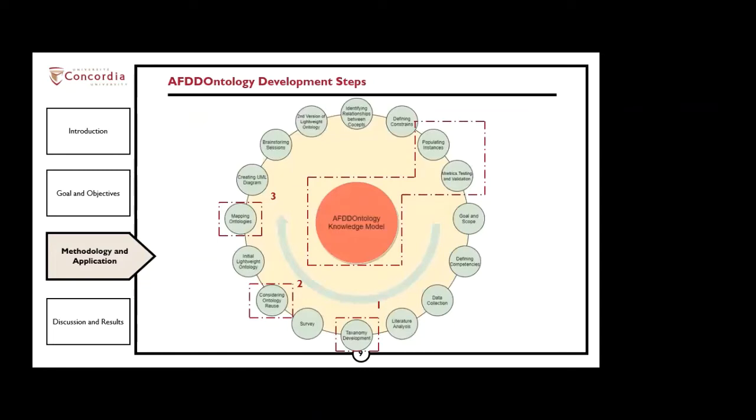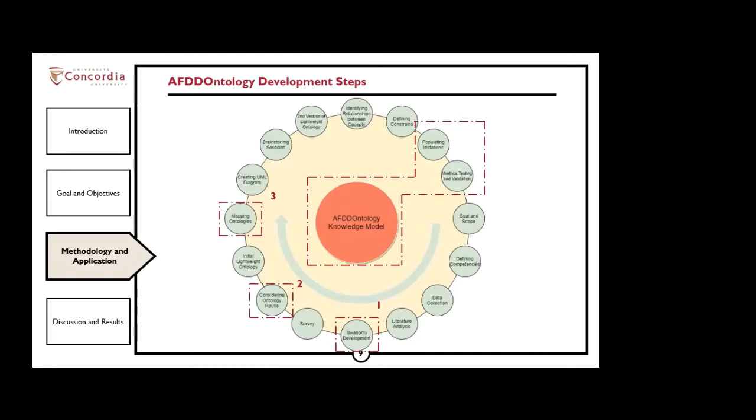This is my entire AFDD ontology development steps that I've taken. I will not be going deep into all of them, but how I've created the taxonomy development is basically using the literature analysis, going to the standards, using the guidelines. I have extracted the type of HVAC system, the type of faults, the type of algorithm, and how they are interrelated with each other.